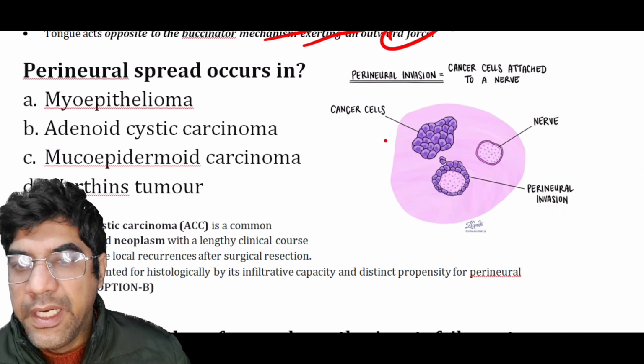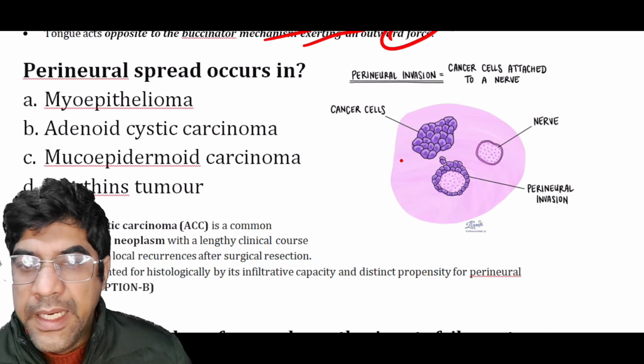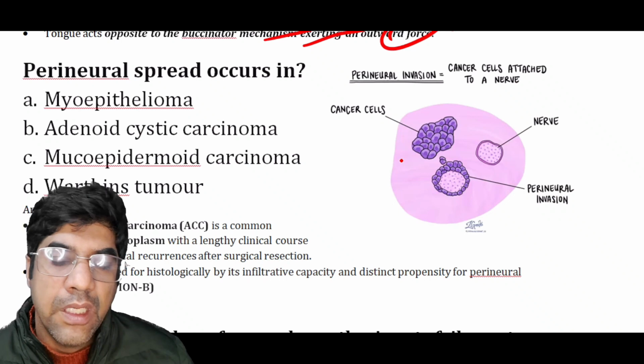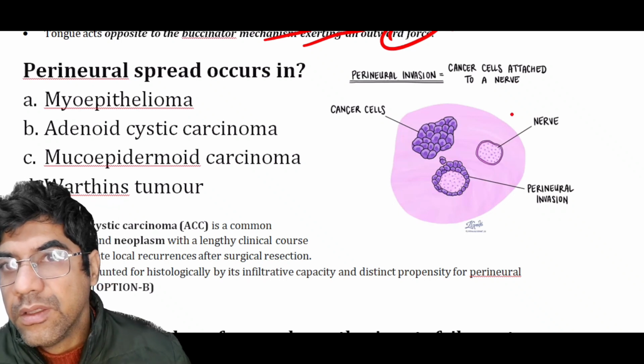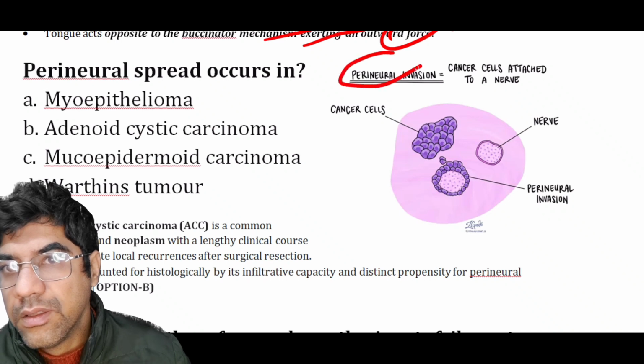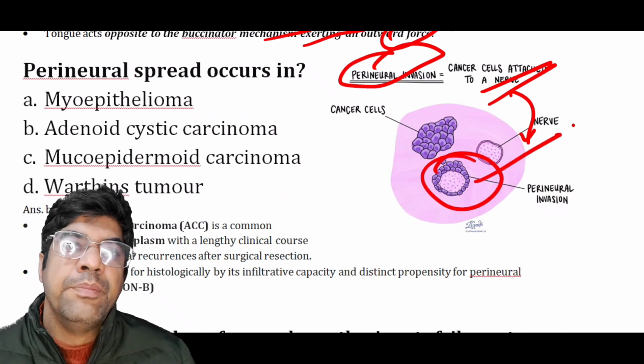So the tumor's ability to invade the nerves can make the complete surgical removal challenging. So the answer is B.